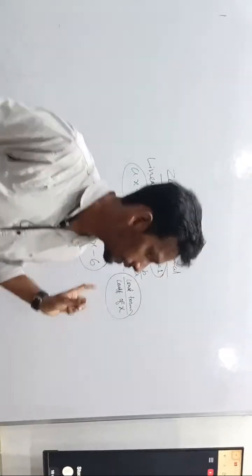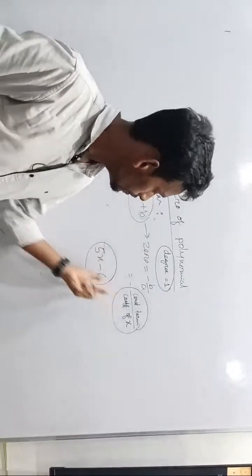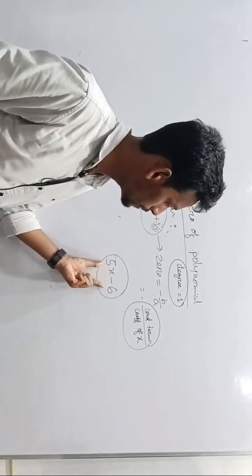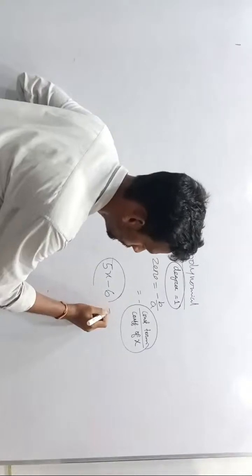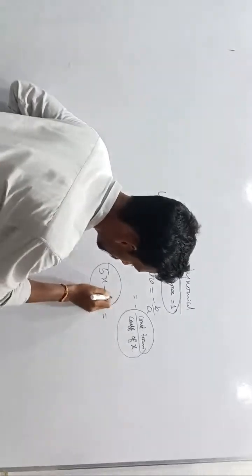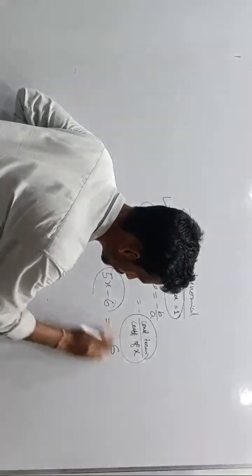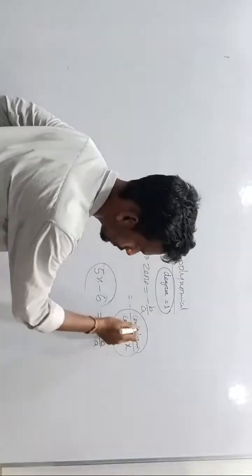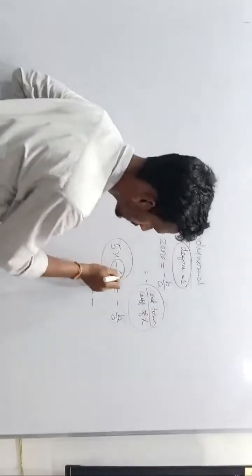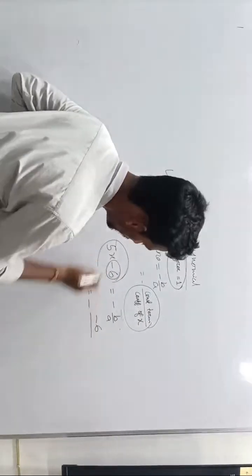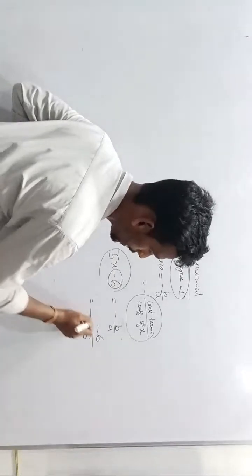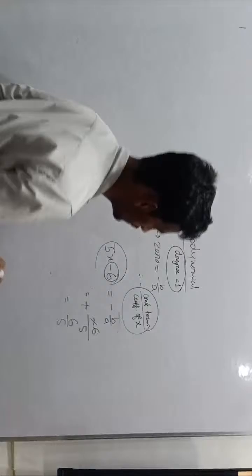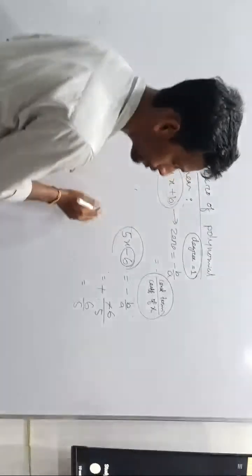Clear? So in case of 5x minus 6, what is the constant term? Minus 6 is the constant term. The formula is minus b by a. So instead of b, the constant term is minus 6. A is 5. Minus and minus cancel to plus, so the answer will be 6 by 5. So you can find the value of this variable also by this method.